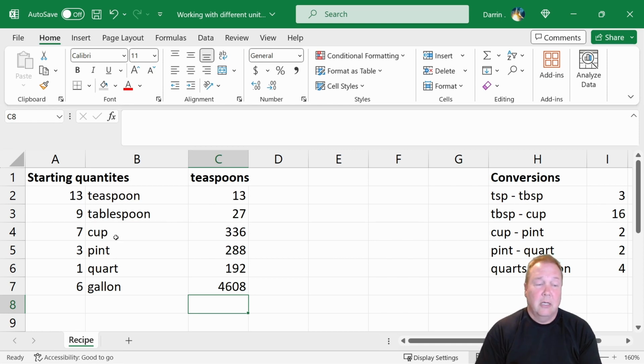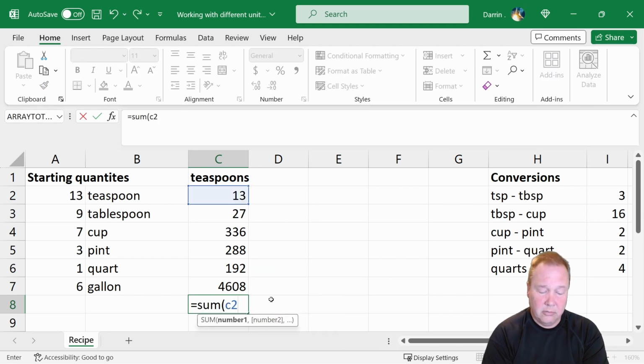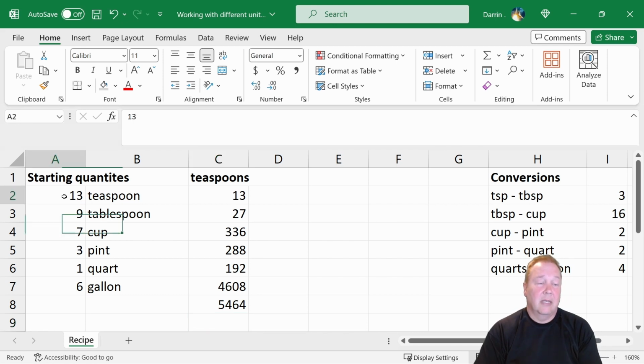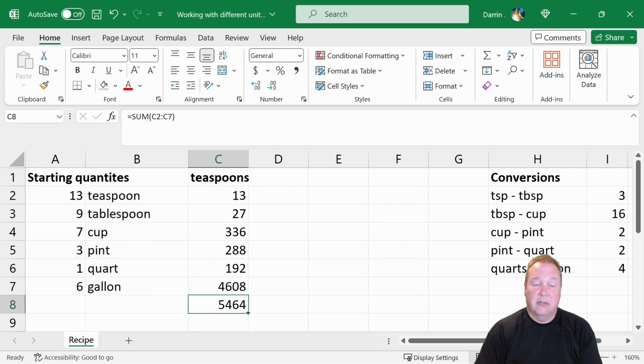Okay, so to add all this up is just C2 to C7. So adding all of these quantities with dissimilar units gives me 5,464 teaspoons.